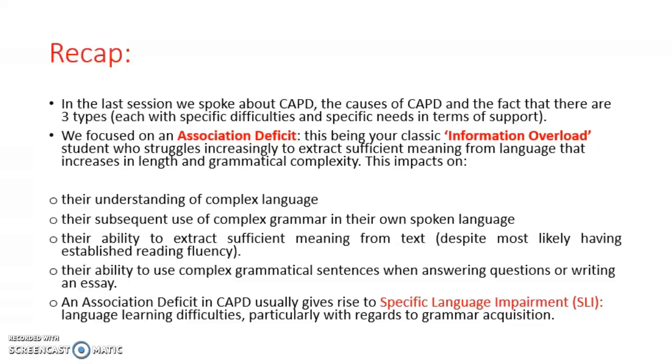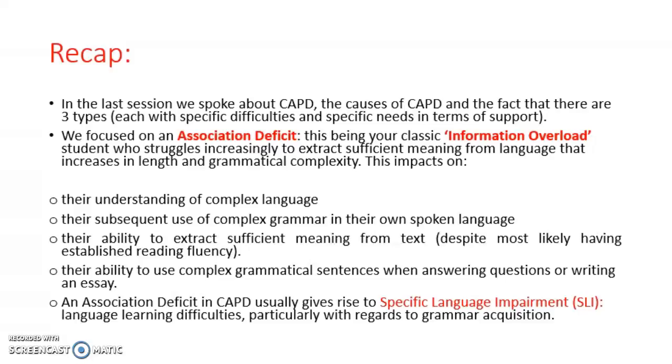They struggle to acquire the ability to use these complex sentences within their own language. It struggles on their ability to extract sufficient meaning from complex text, because obviously this is much more difficult than just listening to oral language, because now the child is having to combine their understanding of spoken language with their auditory decoding and visual memory skills required in order to read.